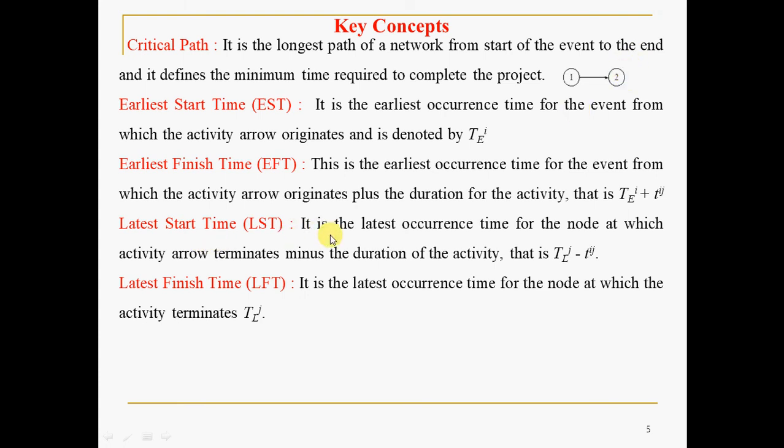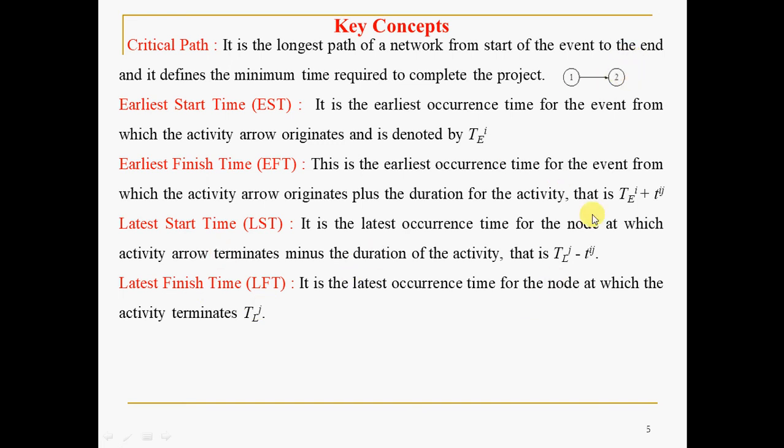Because you are coming back from 2 to 1, as I mentioned, in the backward pass, TL_j minus T_ij will give you the latest start time here. For the earliest start and finish times, you are adding because you are moving from left to right, so that is TE_i plus T_ij. Here, understand the latest finish time first, the time estimation at this point.